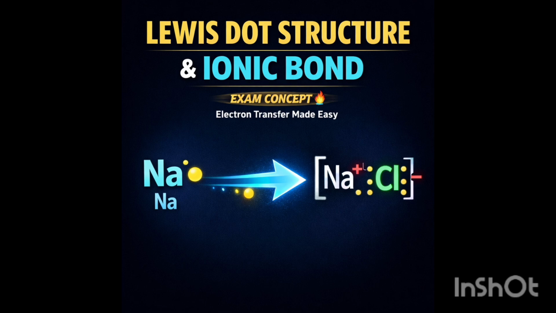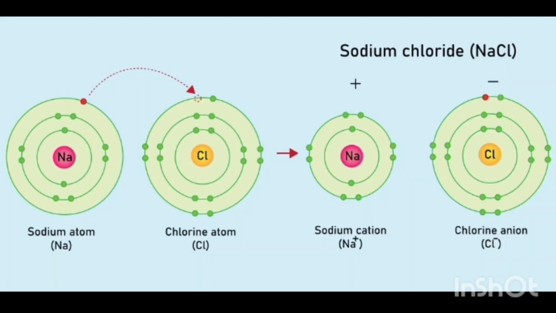Exactly. They're key to understanding how bonds form, and one of the most fundamental types is the ionic bond. Ionic bonds, is that where electrons are shared? No, that's the other one. Ionic is when one atom completely transfers its electrons to another. Wait, so not sharing at all. Nope, a complete handover. Think of it like a trade. One gives, one takes. And then they become charged.